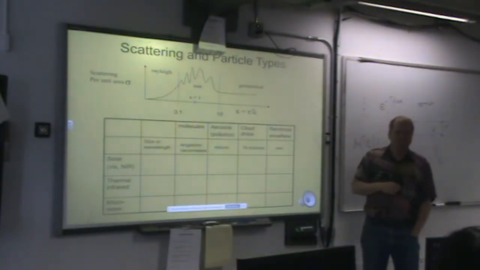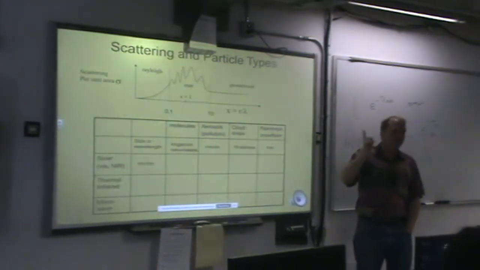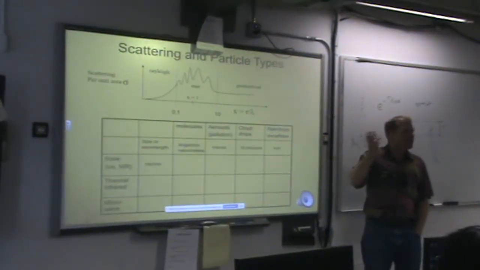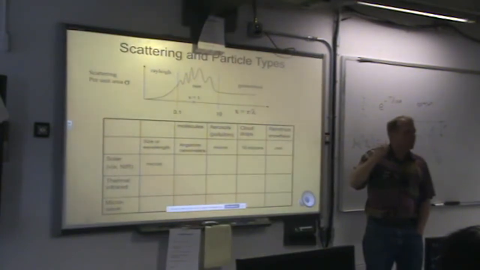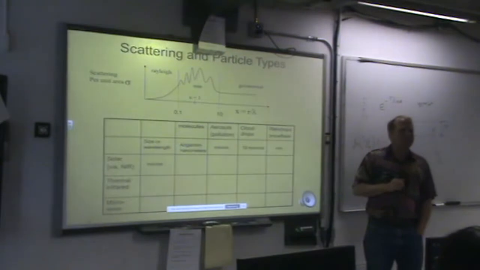By the end of this week, you better know this. Microns. Now, visible light, like yellow light, is about half a micron. The visible light ranges from 0.3 to 0.7 microns, 300 to 700 nanometers. But if you think of visible light as about half a micron, that's a pretty good size.